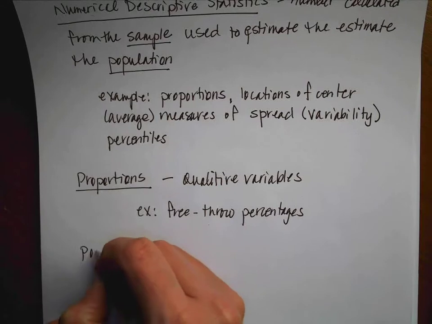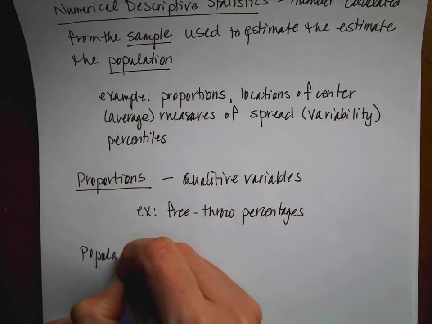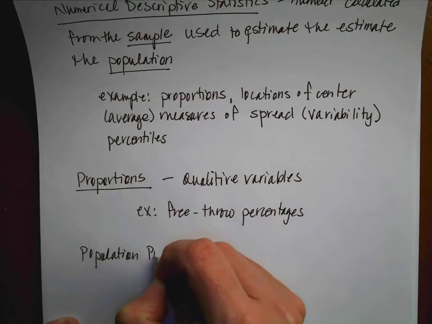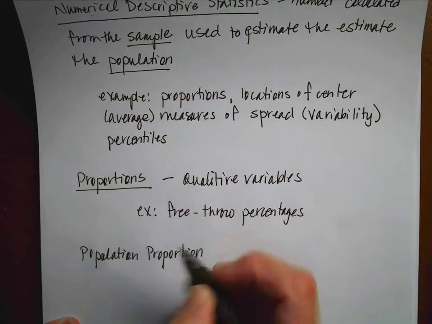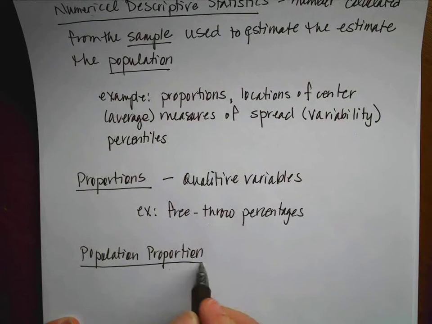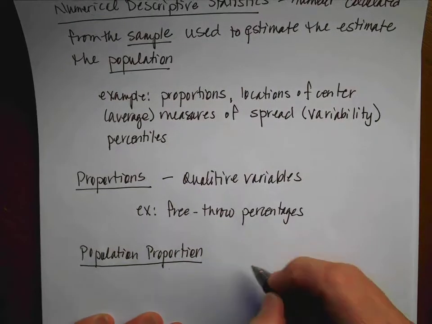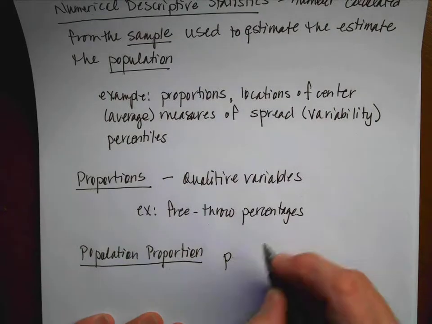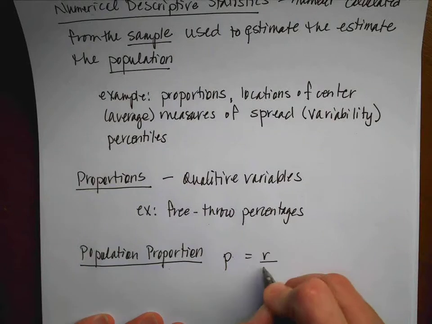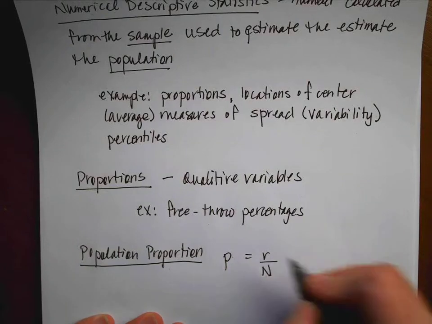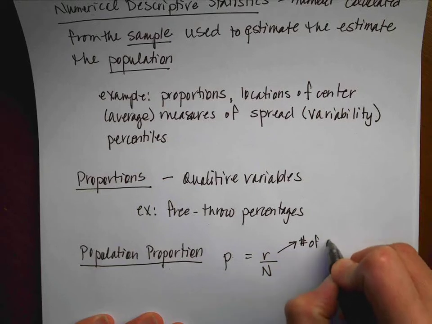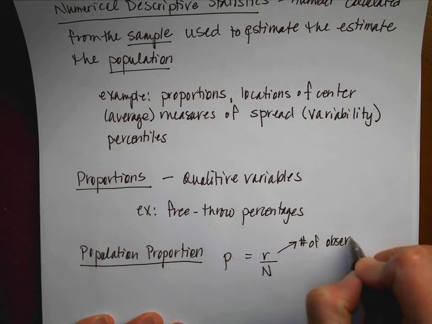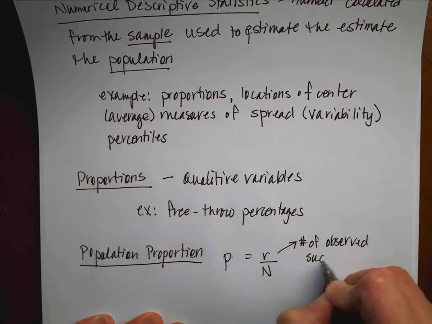So a population proportion, and we're only going to talk about population for a little bit today. For a population proportion, that's going to be P, and it's going to be R divided by capital N. R is the number of observed successes.